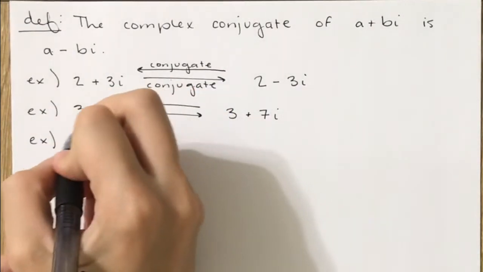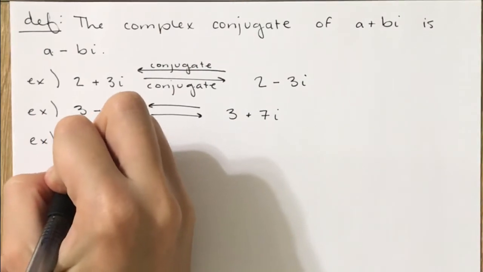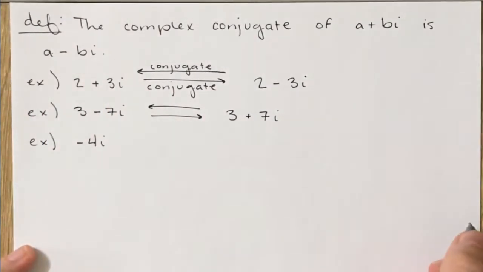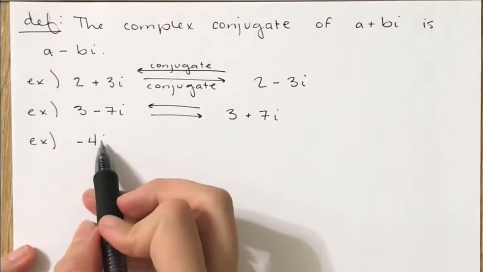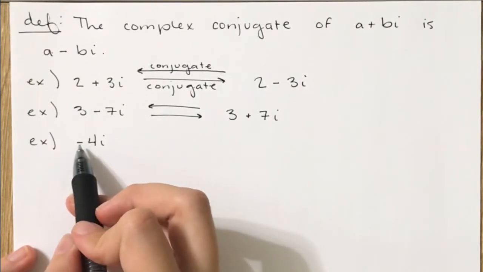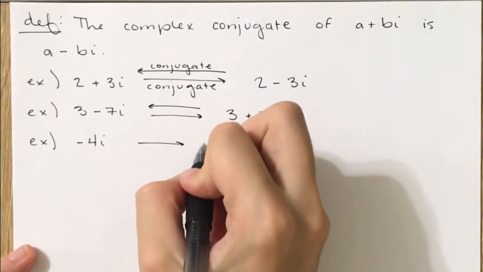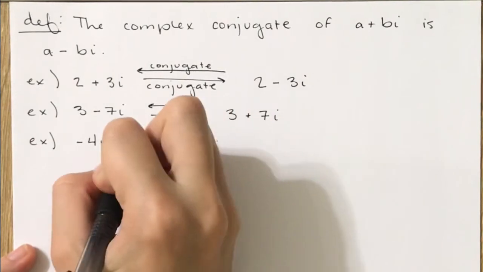Last but not least, what if I had the imaginary number negative 4i? Well, remember, the conjugate is flipping the imaginary part. So the sign of the imaginary part here is negative. We need to make it positive, so we have positive 4i, and vice versa.